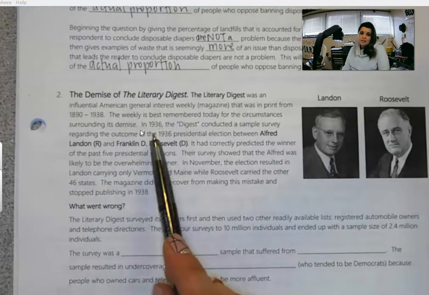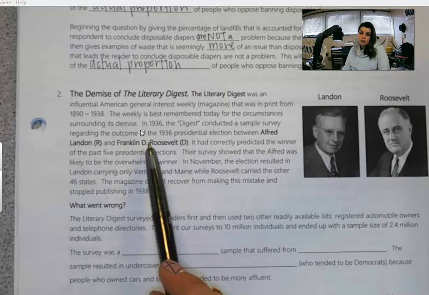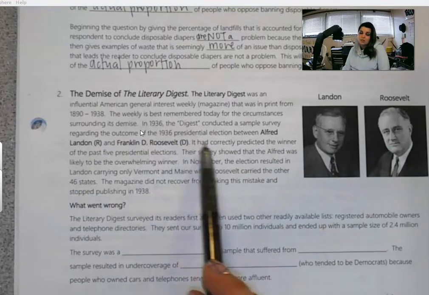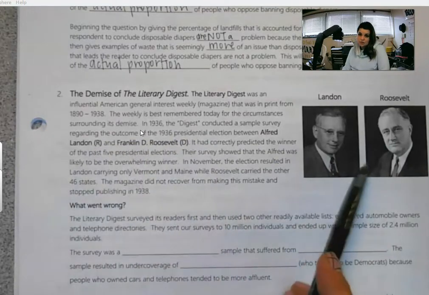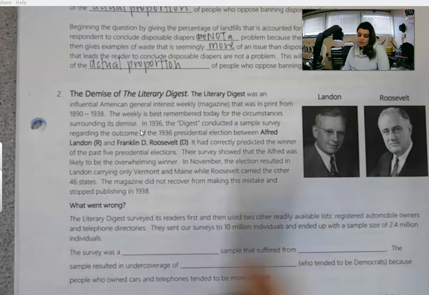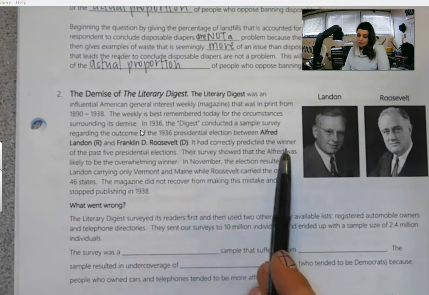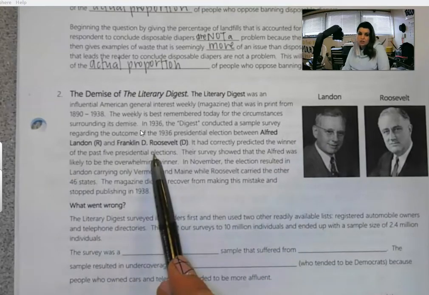In 1936, the Digest conducted a sample survey regarding the outcome of the 1936 presidential election between Alfred Landon, this dude, and Franklin D. Roosevelt, this dude. It had correctly predicted the winner of the past 5 presidential elections.